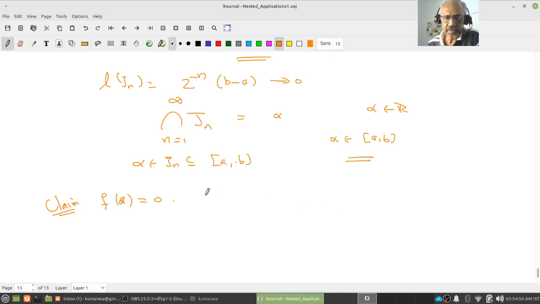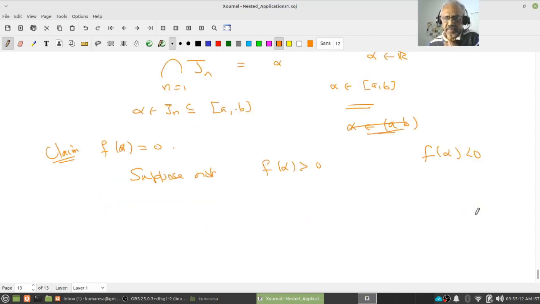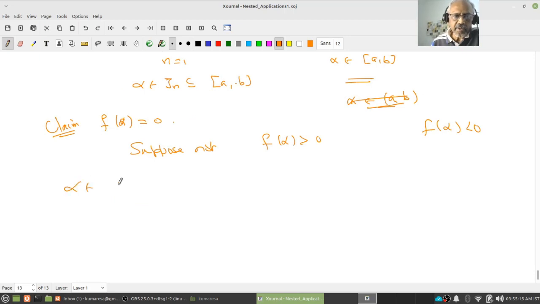Now I want to claim f of alpha is 0. Suppose not. Then f of alpha is positive or f of alpha is negative, right? Now since alpha belongs to the interval [a, b], f is continuous at alpha, right? Suppose f of alpha is positive, then what do I know?